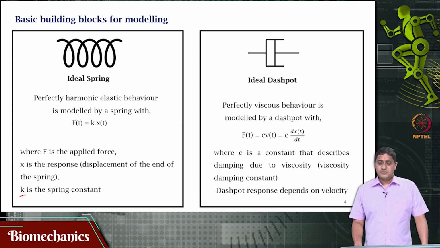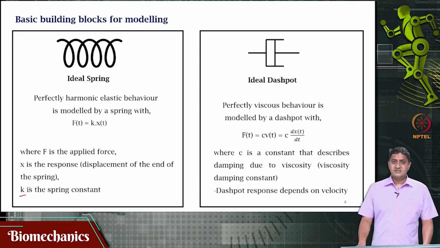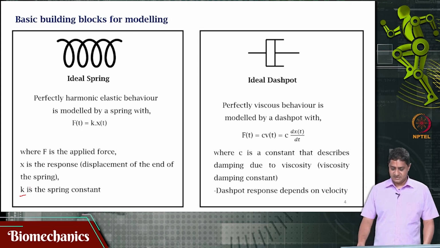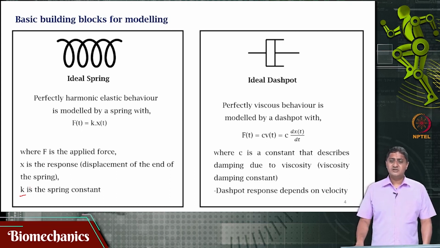The ideal dashpot exhibits perfect viscous behavior; that is, it shows resistance to velocity.